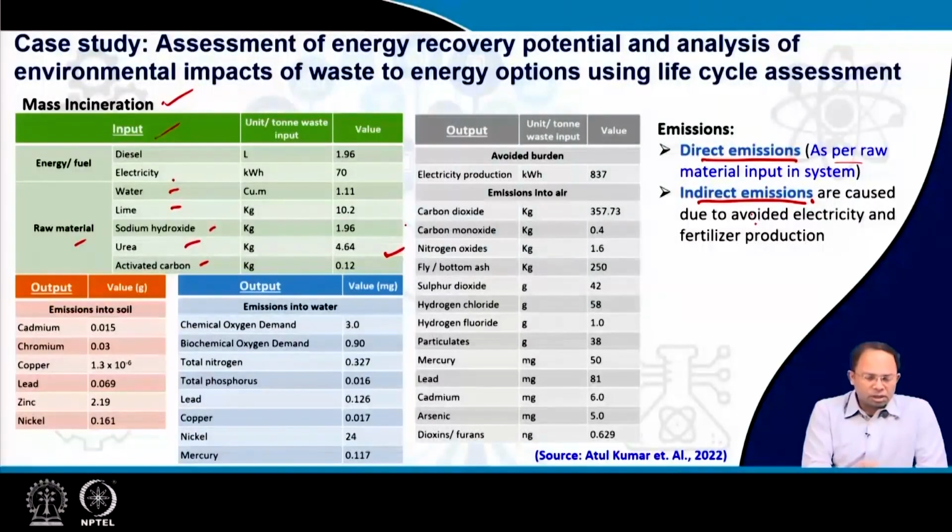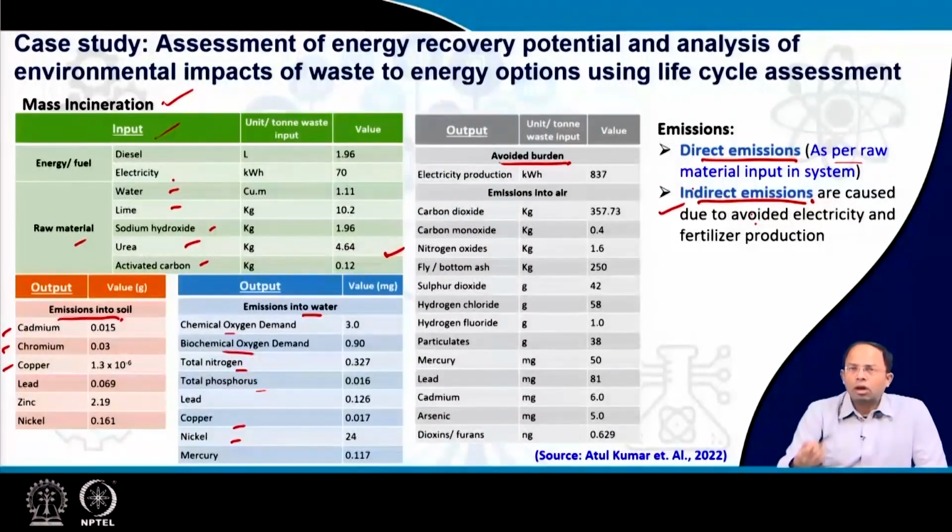Similarly, what are the outputs? Emissions to the soil domain, like cadmium, chromium, copper, all the heavy metals that get mixed in the surrounding soil. Emissions into water: COD, chemical oxygen demand, BOD, biochemical oxygen demand, total nitrogen, phosphorus, lead, copper, nickel that gets mixed into the water. And finally, the overall avoided burden, that is, for the indirect emissions, what we are not producing.